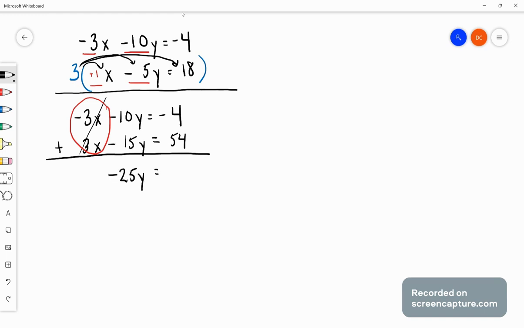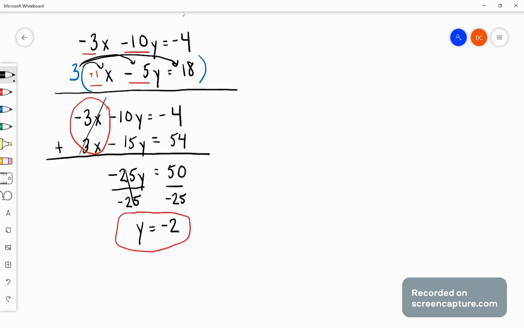And here we have negative 4 plus 54, which is going to give us 50. Now we want to solve for y, so we're going to divide by negative 25 on both sides, and so we get y equals negative 2. Okay, so that's our first part of our solution. We still have to find out what the x will equal.